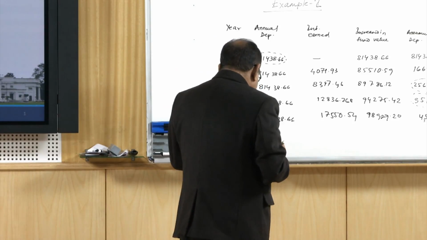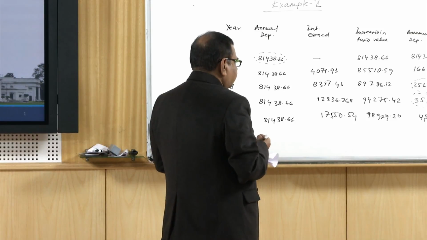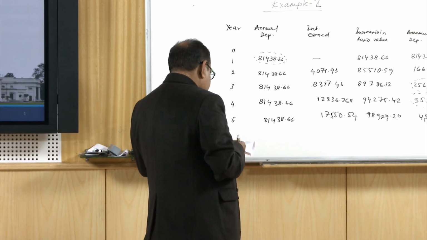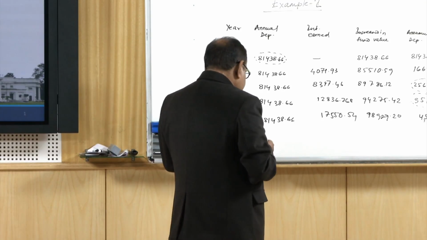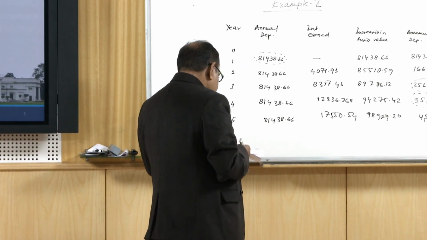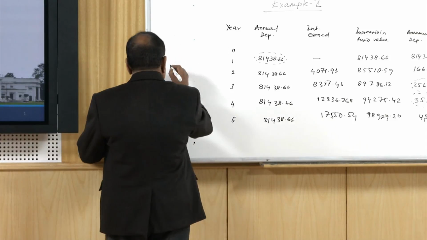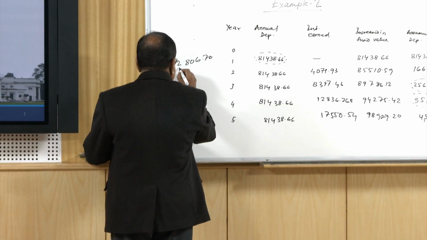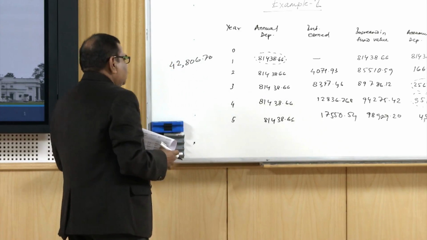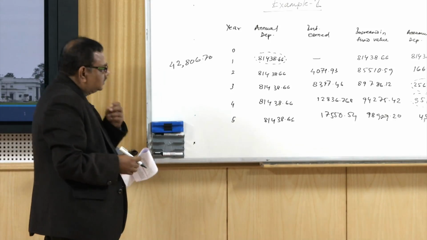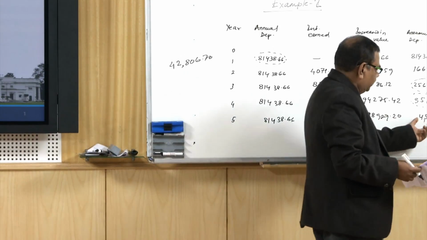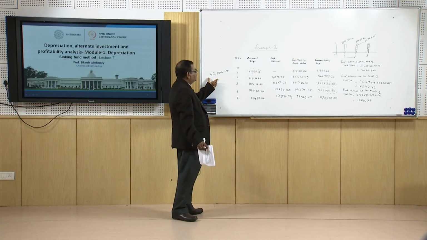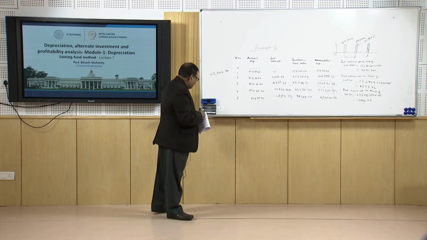It also means the total depreciable cost is 4,50,000 and remains constant throughout the life, and this 4,50,000 includes the total interest earned amounting to 42,806.70. That means the accumulated depreciation of 4,50,000 has an interest component of 42,806.70.